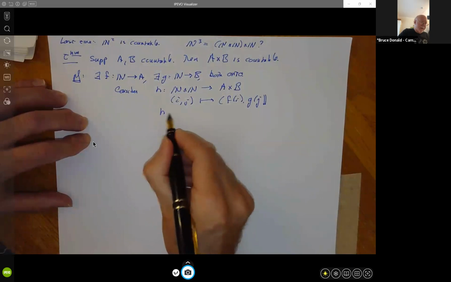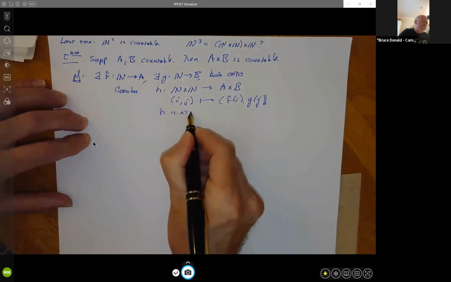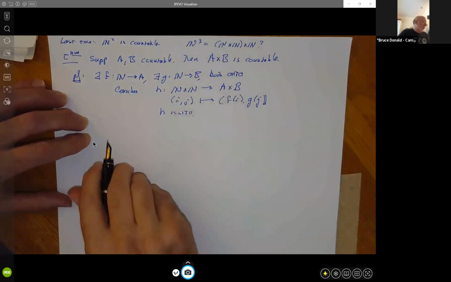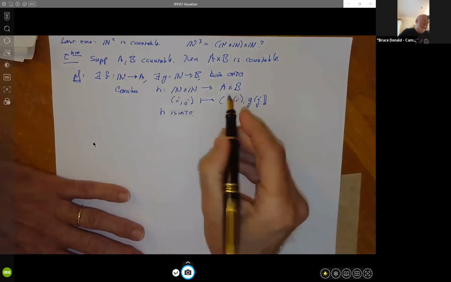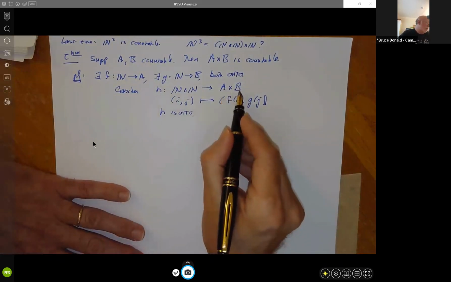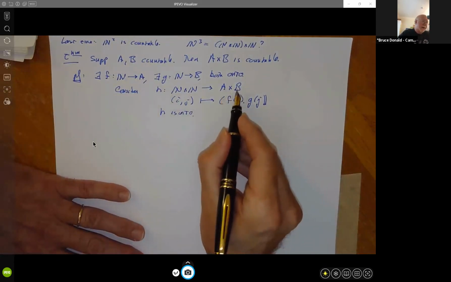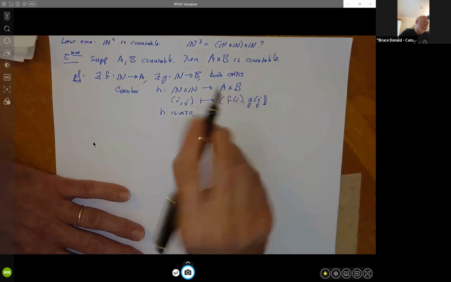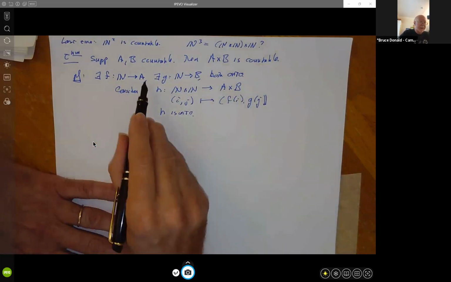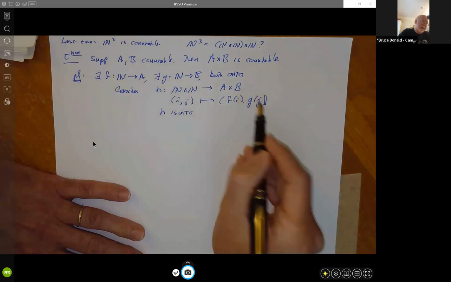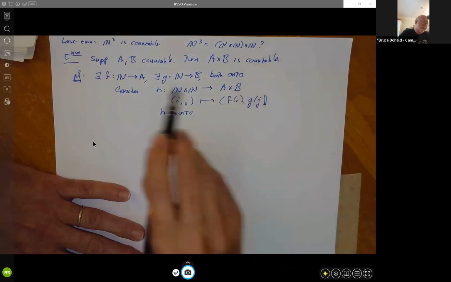Now, H is onto. Why? Well, let (a, b) be a pair in A cross B. Then f of i covers A because there's an onto function f, and g of j covers B because there's an onto function g.